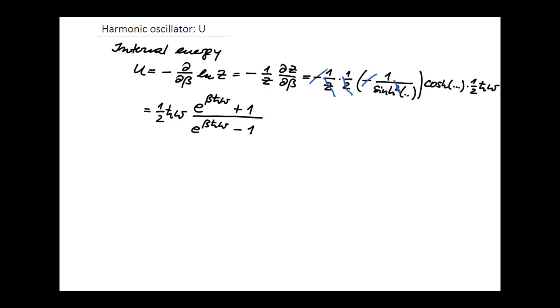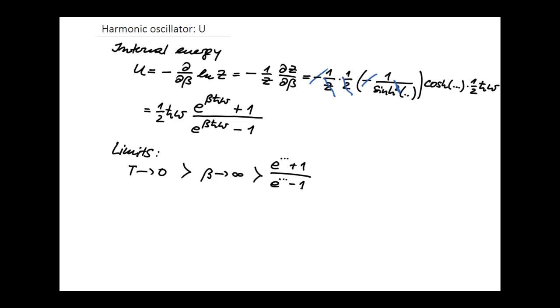It's interesting to look at two opposite limits, either very low temperature or very high temperature. Let's start with the low temperature limit. T goes to 0. This implies that the inverse temperature beta goes to infinity. Now this implies that in this ratio the exponential dominates.